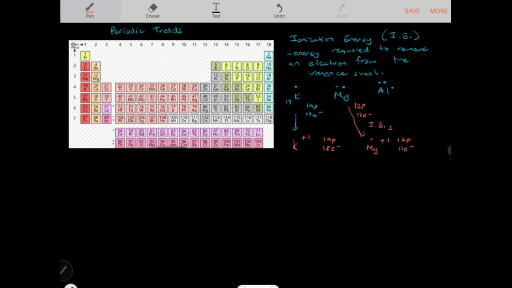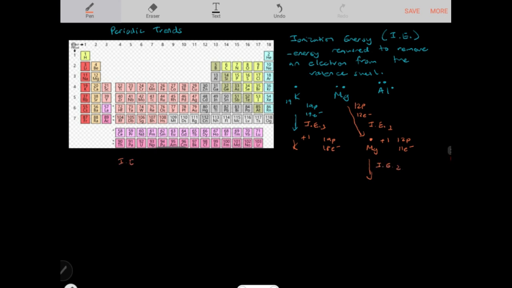Okay, so there's a different number of ionization energies if you have multiple valence electrons, right? So this one here would also be the first ionization energy, but potassium only has 1 valence electron, right? After you removed one of magnesium's electrons, then there is another electron that you still need to remove, and this is what we call the second ionization energy, right?